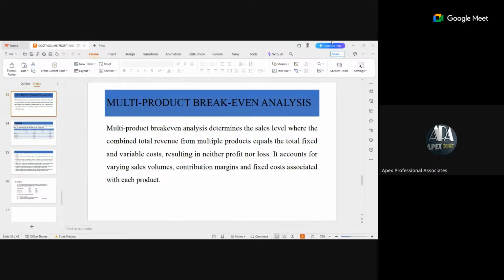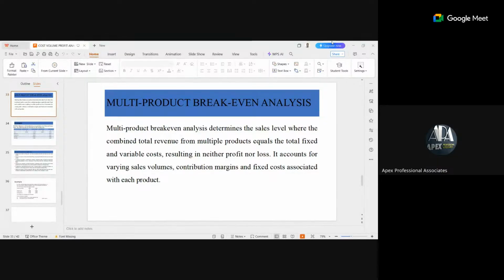That is you trying to compare product A and B. Product A can be 70%, product B can be 30%; product A can be 60%, product B can be 40%; product A can be 20%, product B can be 80%. So the ratio of these two products is the sales mix.